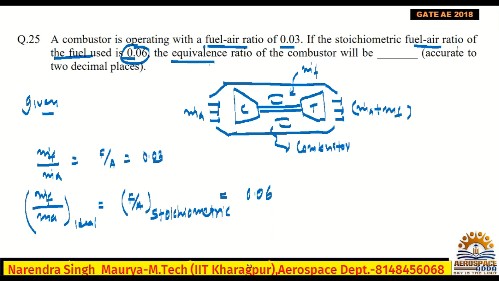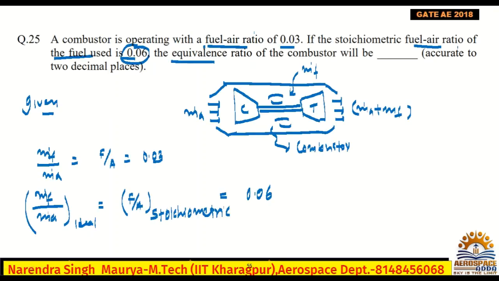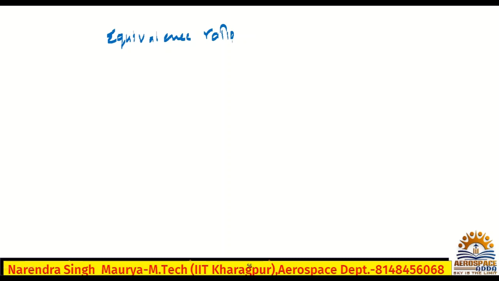Here they have asked for the equivalence ratio of the combustor. It is denoted by phi; in many books it is given by phi.